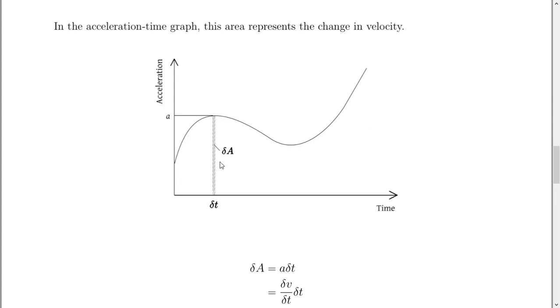Consider any small strip, a rectangle, between the curve and the x-axis. Assume this strip to be so thin that in this duration of time, delta t, the acceleration remains a constant.